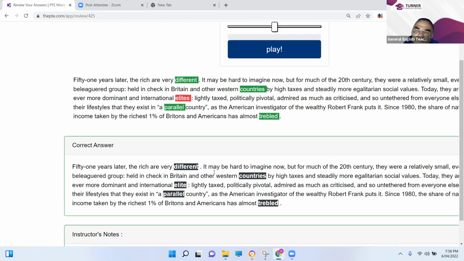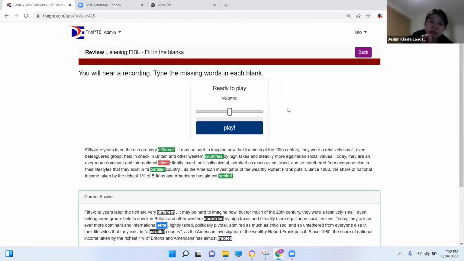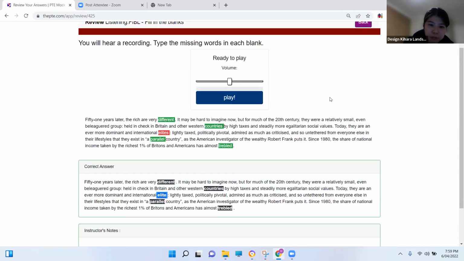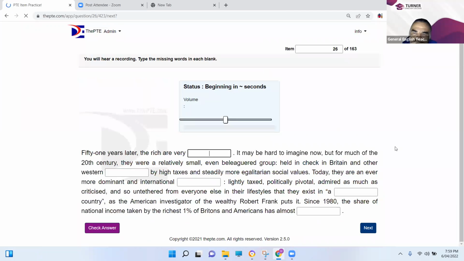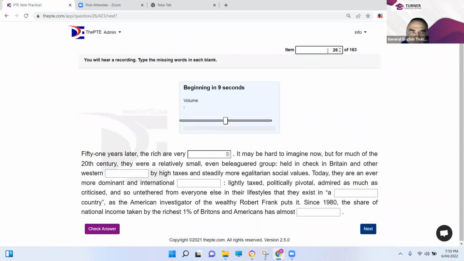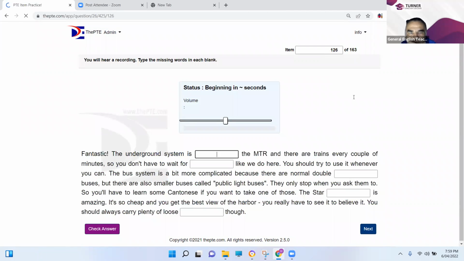I think one of the students got elite as the answer, so that's why I have it here, and also parallel. Okay, next one. Trebled. Okay. Next one. I add 1 to it, just the 1.